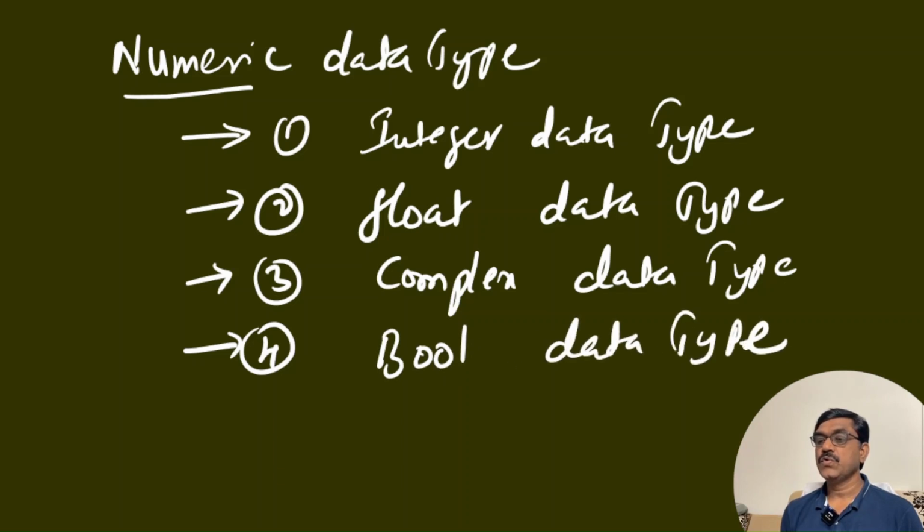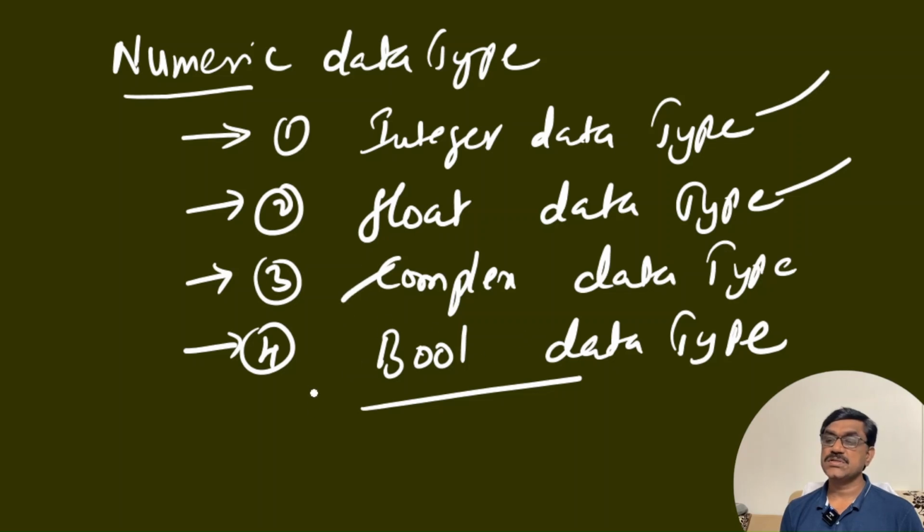So these are the 4 data types which come under numeric. First one is integer, second one is floating point, third one is complex, and fourth one is bool. We are going to discuss each one by one.